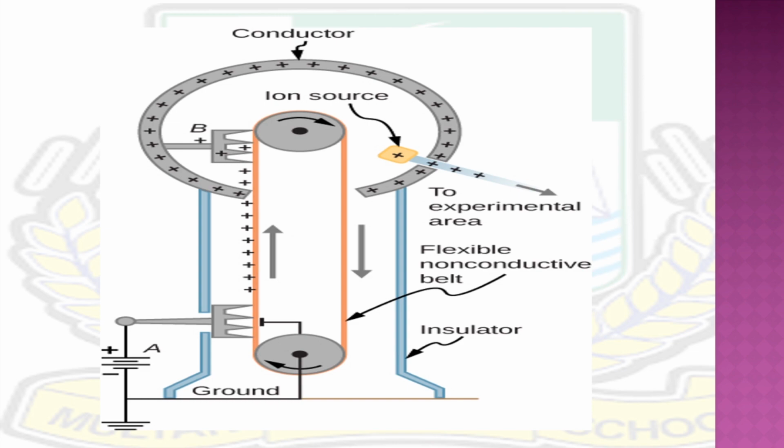Van de Graaffs use both smooth and pointed surfaces and conductors and insulators to generate large static charges and hence large voltages. Students, you can see that a very large excess charge can be deposited on the sphere because it moves quickly to the outer surface.